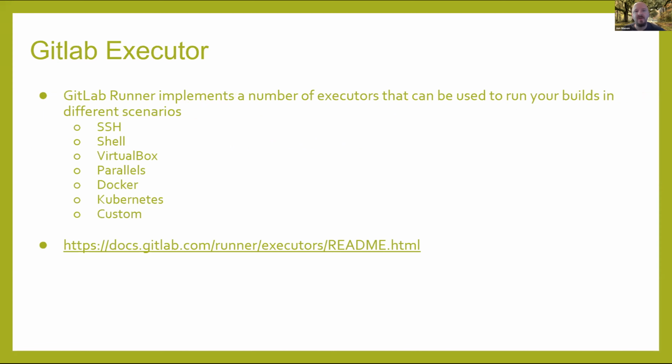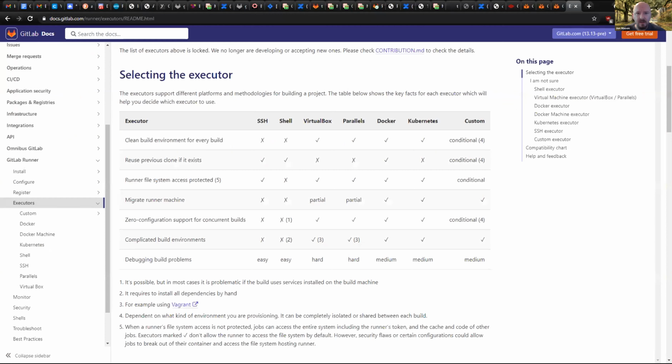And there are all kinds of different ways to run this. You can run it SSH, shell, which is technically different, VirtualBox, Parallels, Docker, Kubernetes, or do some kind of rolling of your own. This is a screenshot here, and essentially you choose what you want to run based on the abilities. There are drawbacks and features for each one.